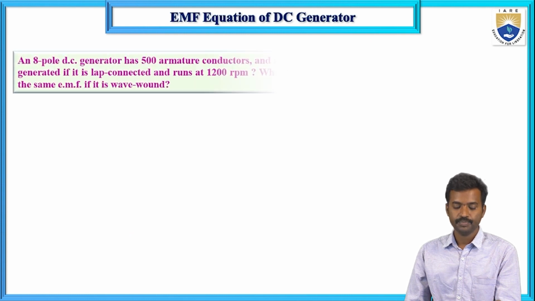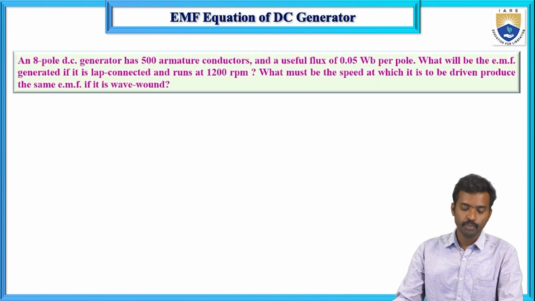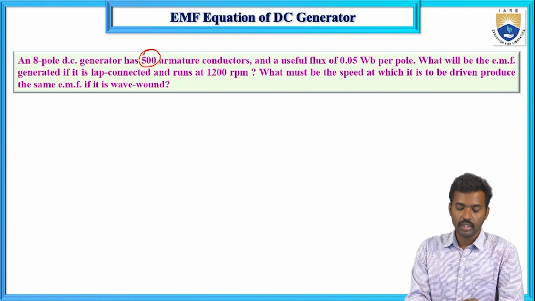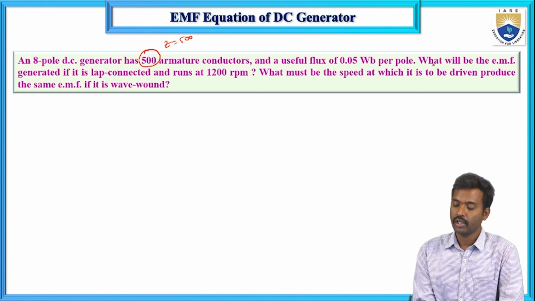Now next question: an 8-pole DC generator has, directly they have given, Z equals 500 conductors, and useful flux is 0.05 Weber per pole. Flux per pole is 0.05. And what will be the EMF generated if it is lap connected?